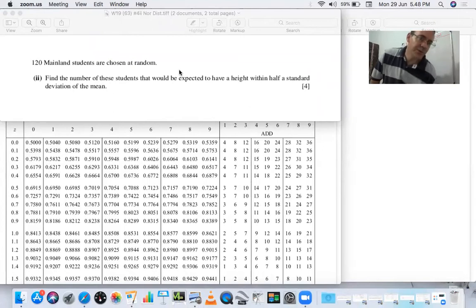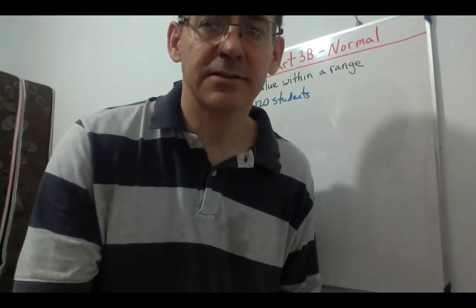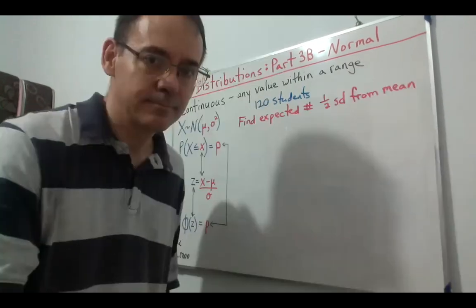Now notice this one says there are 120 students that are chosen. So here we have 120 students, and it says find the number of these students that would be expected to have a height within half a standard deviation of the mean. Okay, so let's get back to the board here.